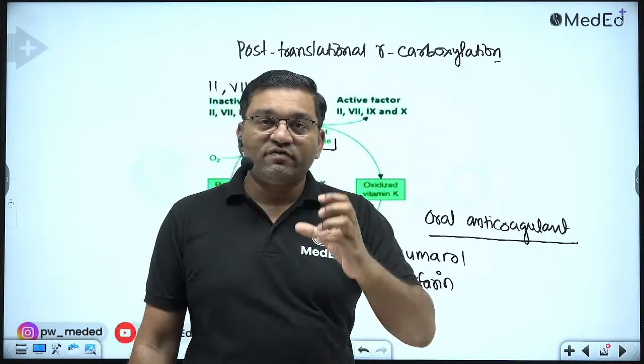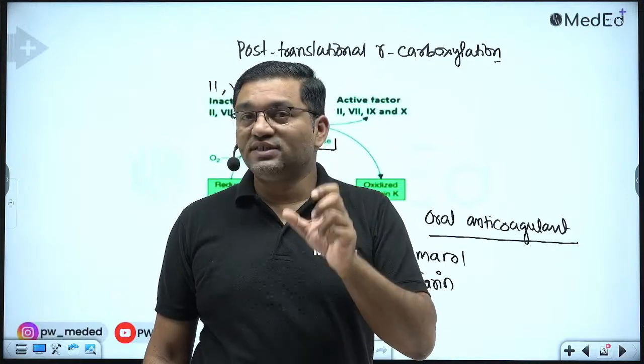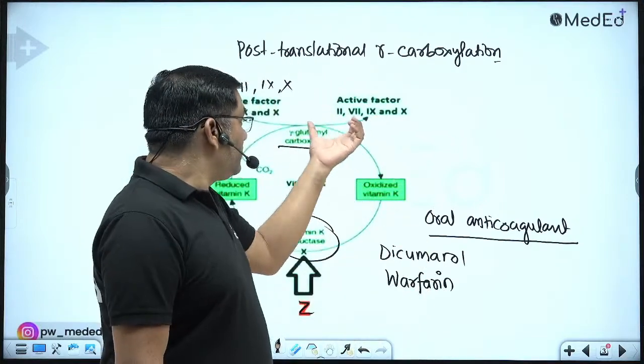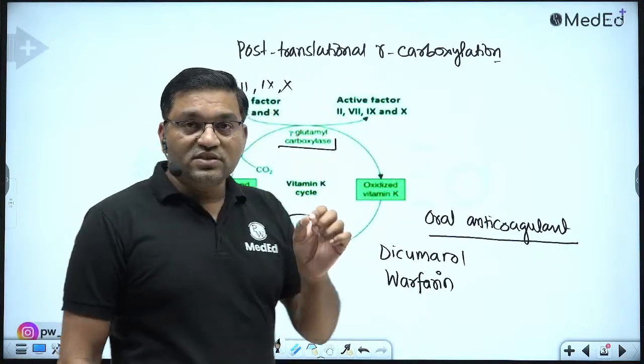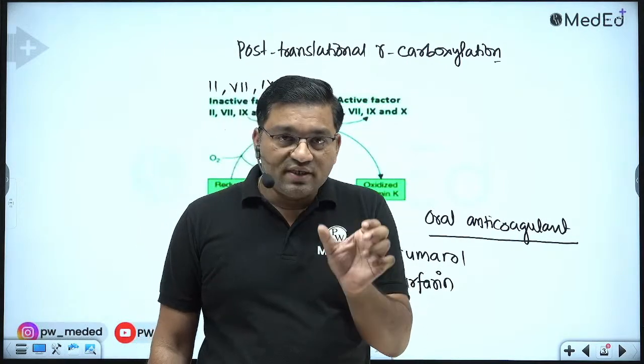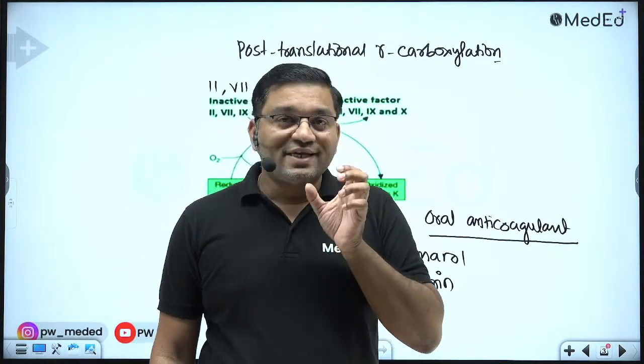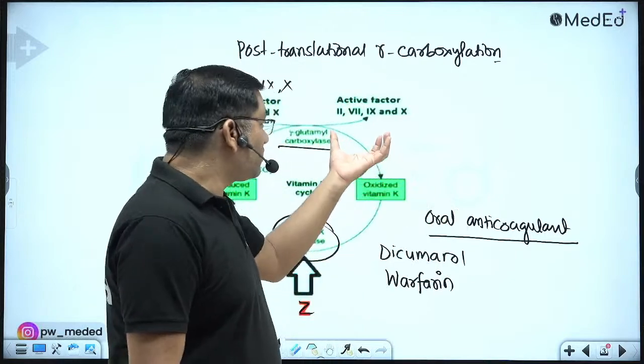Now this clotting factor can combine with the positively charged calcium ion. So negatively charged glutamate, meaning gamma carboxyglutamate, forms a complex with calcium and it activates the clotting factors.